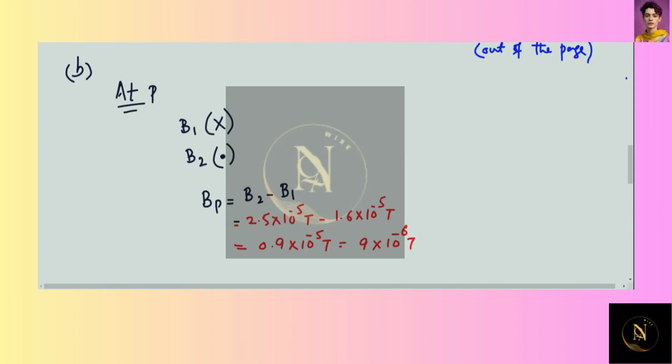Here B2 is greater than B1, therefore the net magnetic field at point P will be in the direction of B2, that is, the magnetic field at point P will be out of the page.